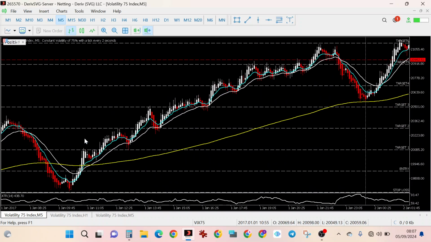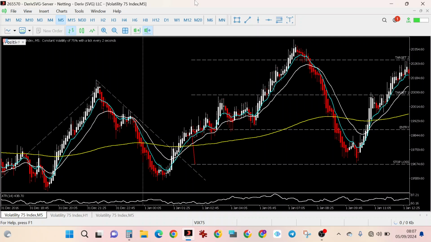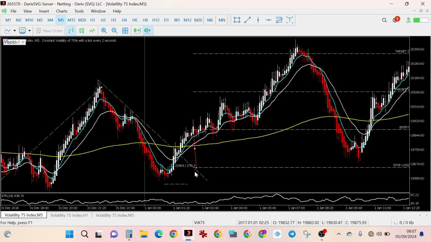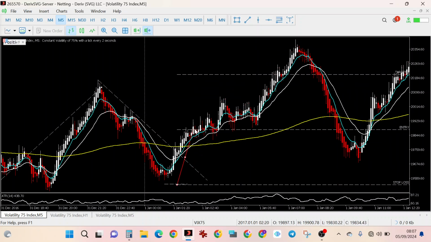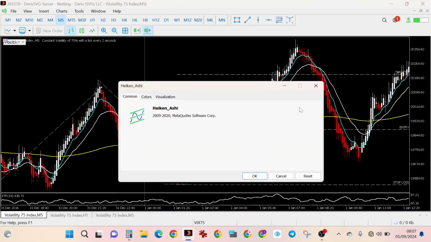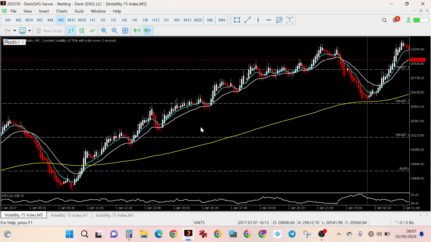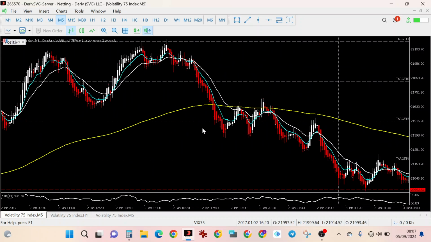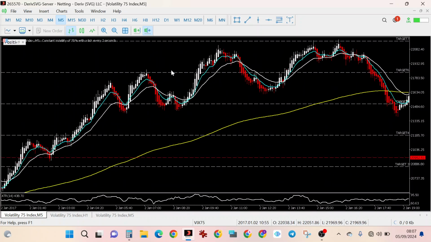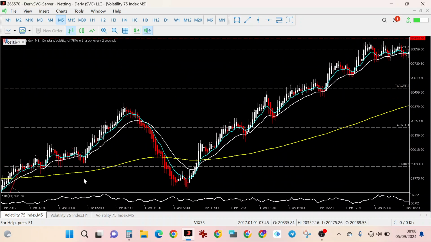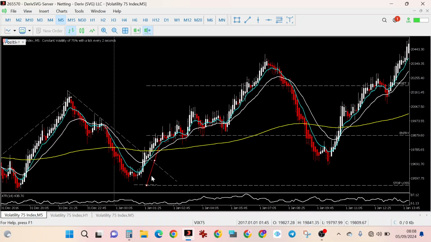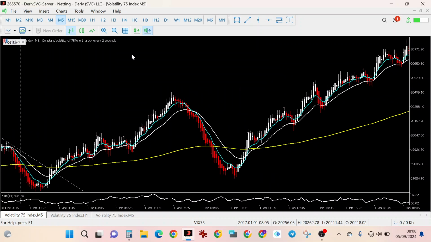Okay, so depending on where you kept your stop loss, the best place to keep your stop loss is always below the previous swing. Okay, so you don't get stopped out unnecessarily. So you enter here, the stop loss below there, and then you target all the way up there. Okay, at least 5 times or more of your risk. Okay, so that's it.